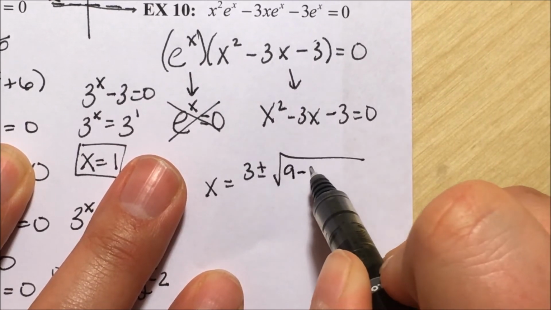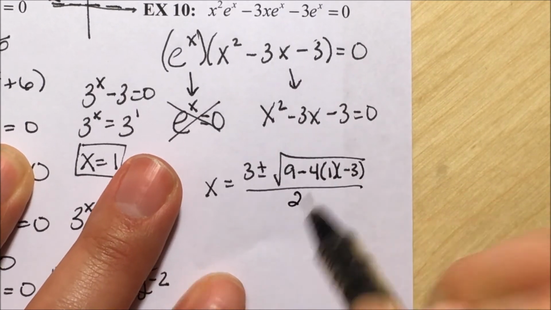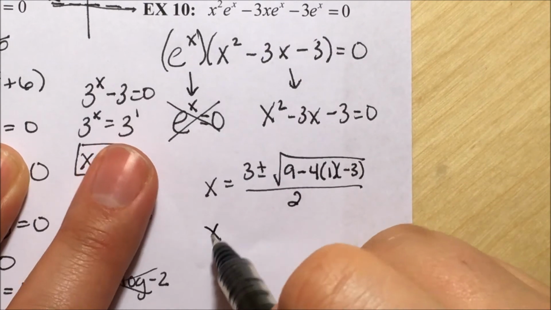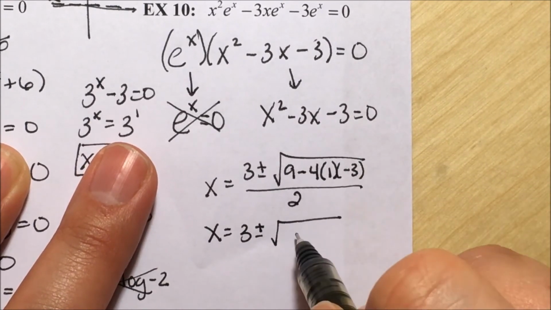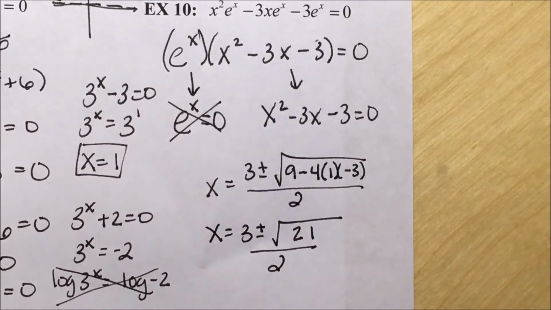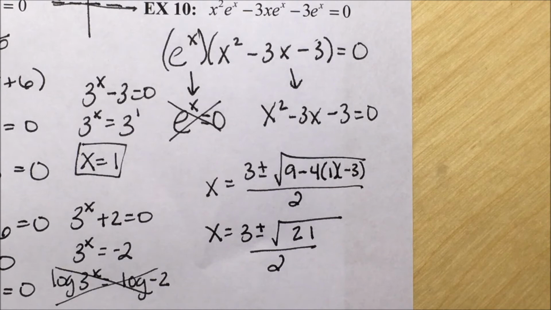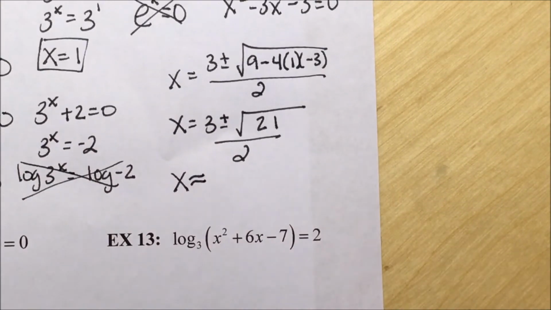b squared minus 4ac over 2a. Nine plus 12. And I guess the directions on the front side said that we could round, so let's go ahead and just type that in and round to 4 places.